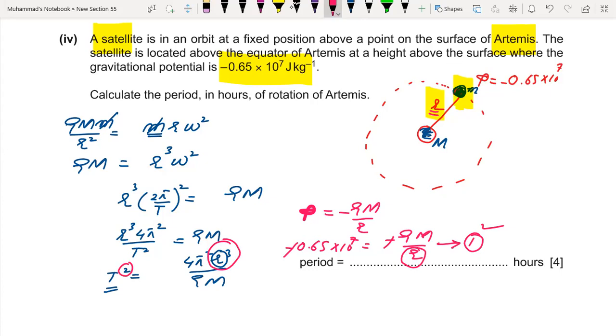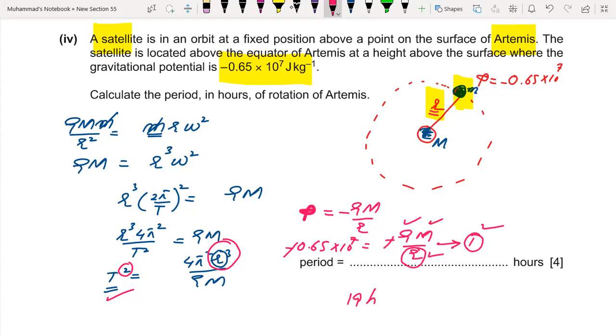R is in meters if you put mass in kg and use the standard constant. And after converting this time period from seconds to hours, you will get your answer, around 19 hours.